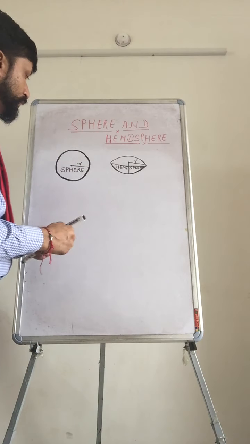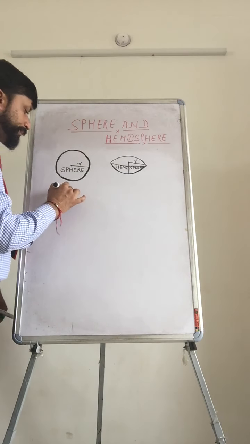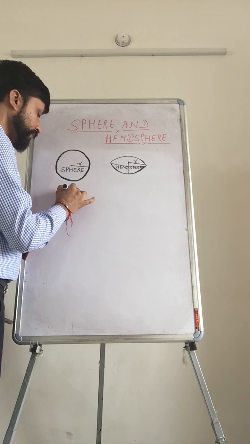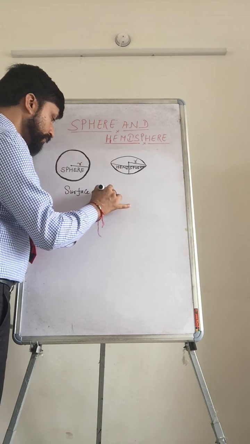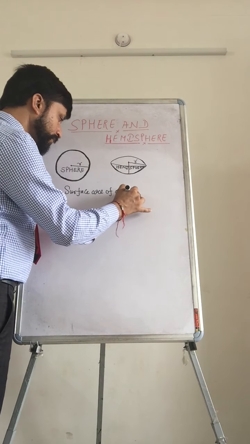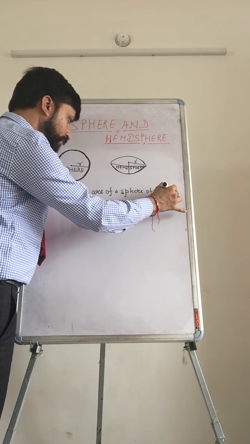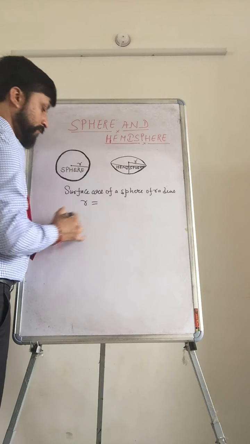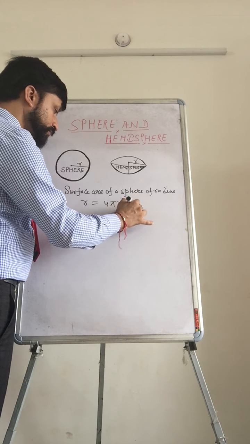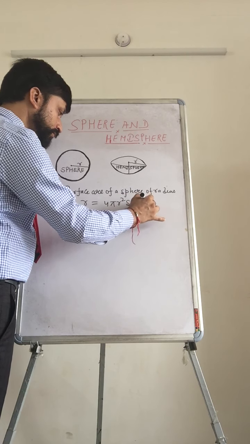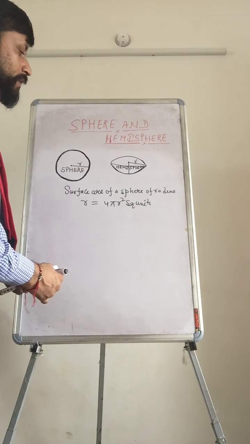And the formula which we use to find the surface area of a sphere is four pi r square units.